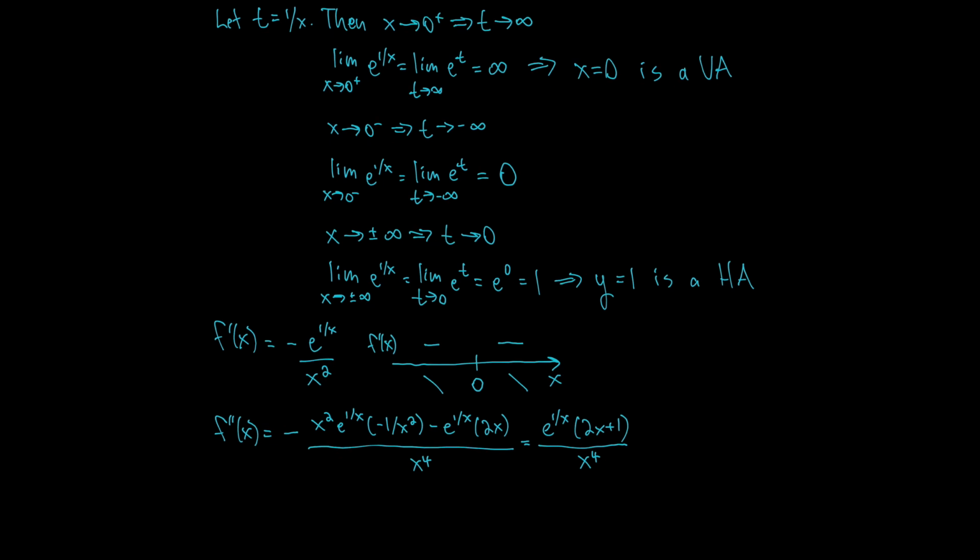Okay, let's look at this number line for the second derivative. Potential difficulties are at 0, again, undefined over there, whether you look at the numerator or denominator. But also notice now we actually have a point where the second derivative is 0 at minus 1/2. So let's look at that point too.